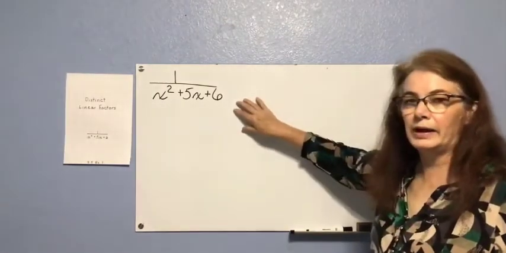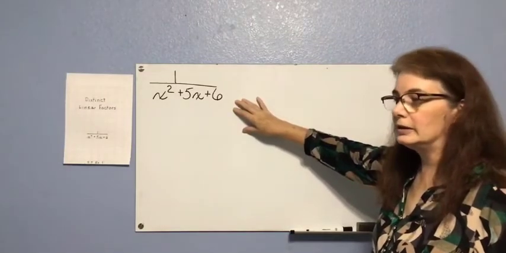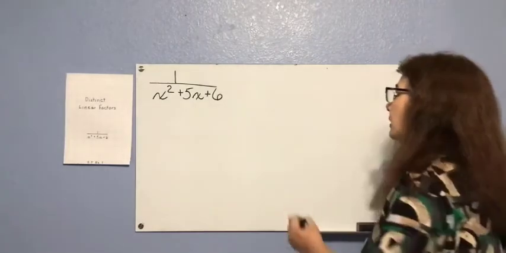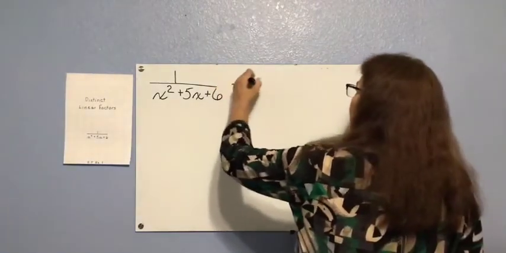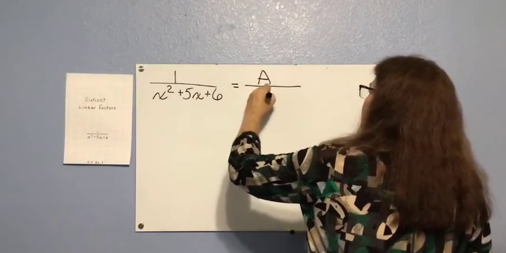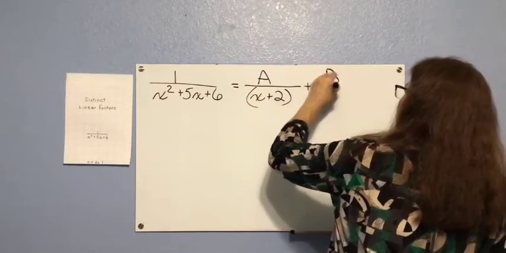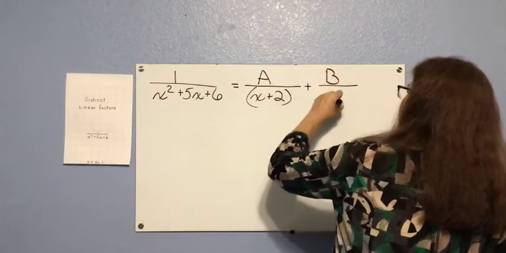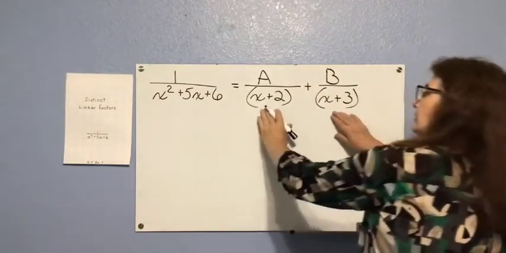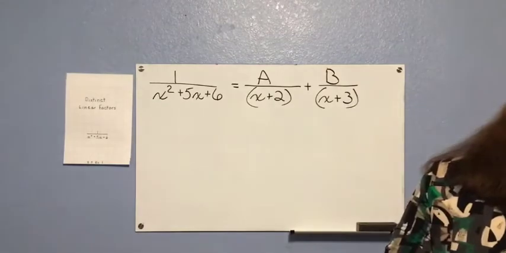I could see right away for this function that it's not an improper function, so I can go on to the next step of factoring the denominator. So I'm going to get A over x plus 2 plus B over x plus 3. These two factors are different, so each one only appears one time, and so that's all I need to do.